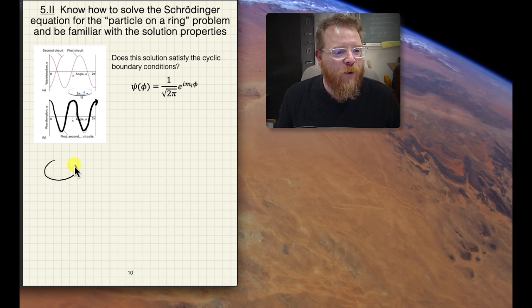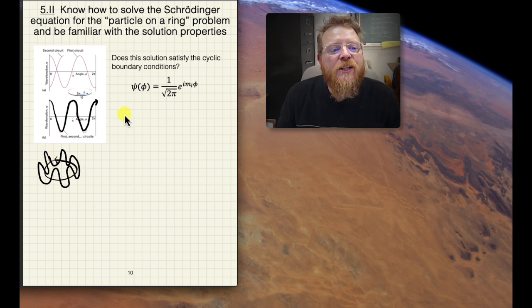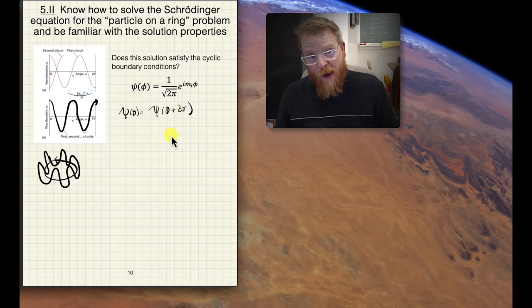In our actual 3D world, it might look something like this, where the particle is oscillating on this ring. And if I drew this correctly, yes, there it ends where it started. So the condition that we need to test is, does psi of phi equal psi of phi plus 2 pi? So let's go for that.